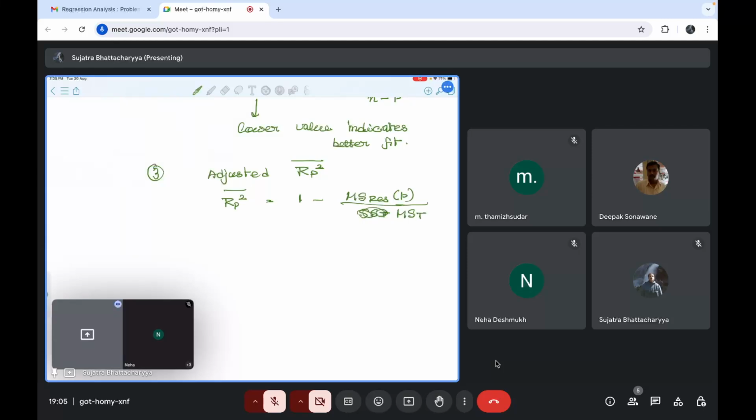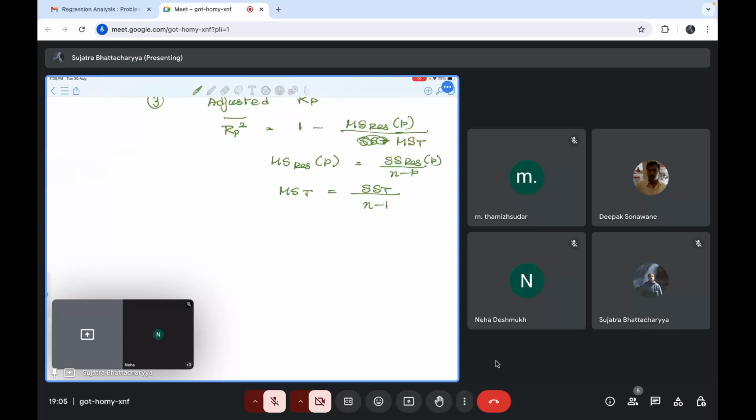MS residual of P is as I have defined, SS residual of P divided by N minus P, and MS total is the total sum of squares divided by N minus 1, just divided by the degrees of freedom. That's all. So this is adjusted RP square. This is another method. The maximum of RP square bar will be good.